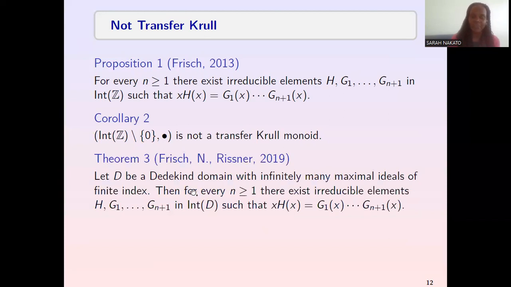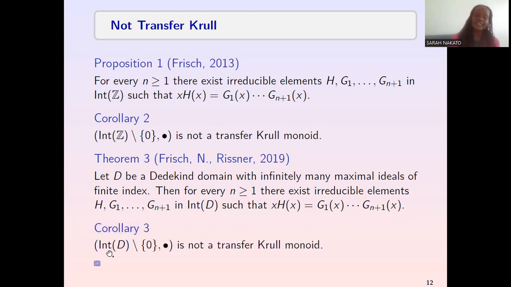We also showed the same for Dedekind domains with infinitely many maximal ideals, all of finite index: we can construct h and the g_i's in Int(D) such that when we fix x, the product x^n h factors arbitrarily. What does that mean?